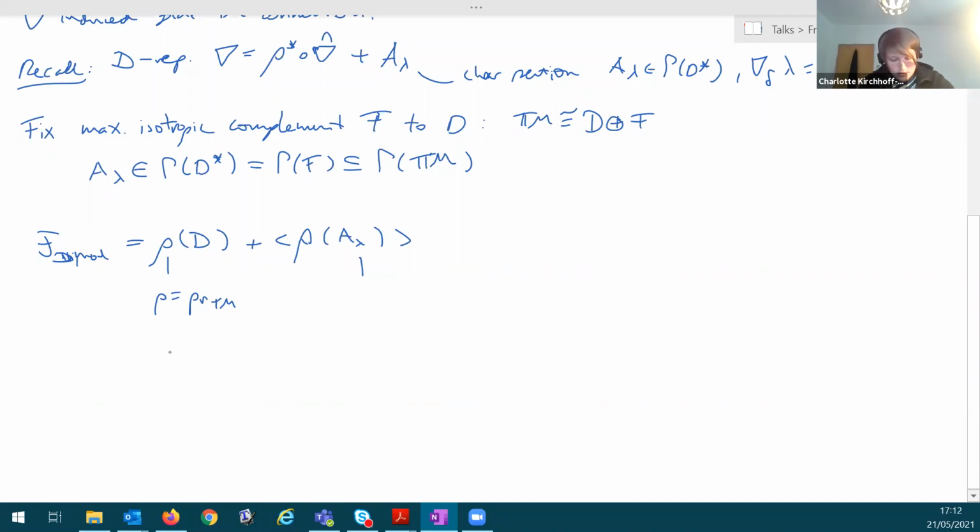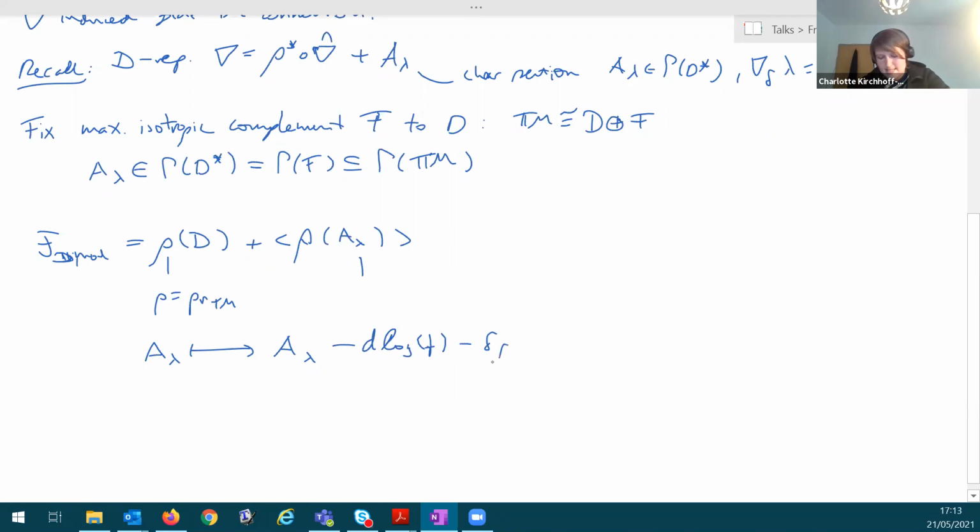Why is that? So as we've seen before, when we change lambda, A lambda goes to A lambda, well, and then the sign depends on exactly what the change is. So in my case here, it's now a minus. So minus d log f. But now I have to be a bit careful. I've chosen a particular complement to d. So this modified characteristic section should again be inside f, which this might not be.